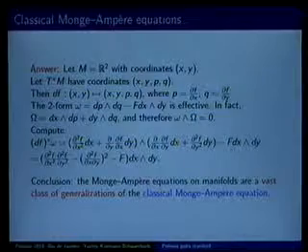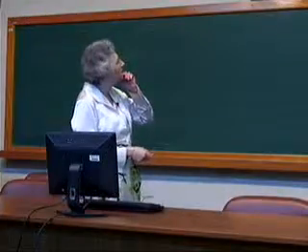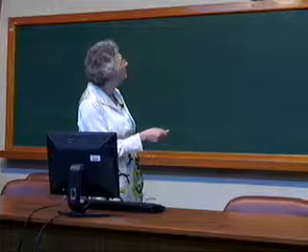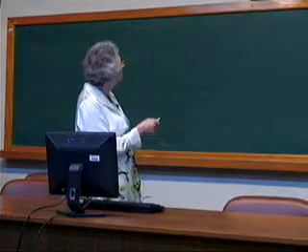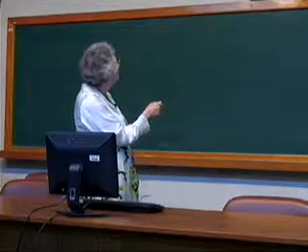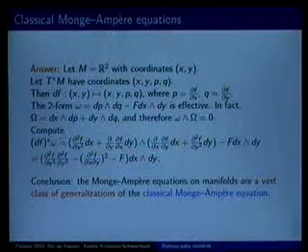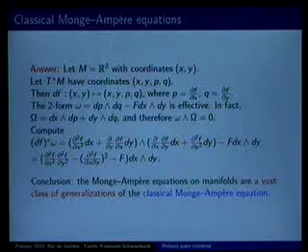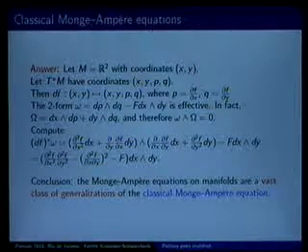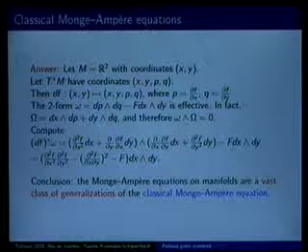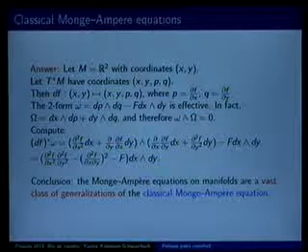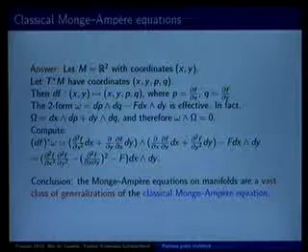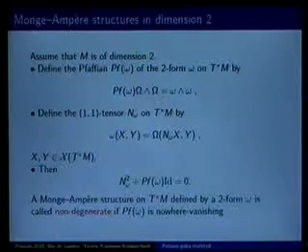I claim it's effective because I immediately check that its wedge with the canonical two-form is 0. Then I compute the pullback of omega by df, and I find this expression. So setting that equal to 0 is just the classical Monge-Ampère equation. So what is studied under the name of Monge-Ampère structures is a vast generalization of the classical one.